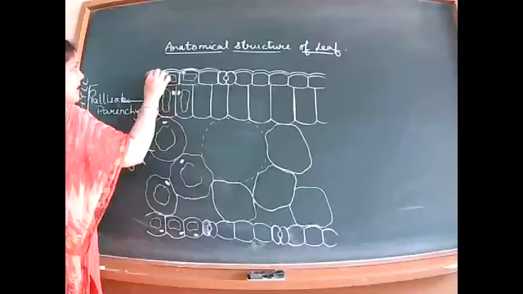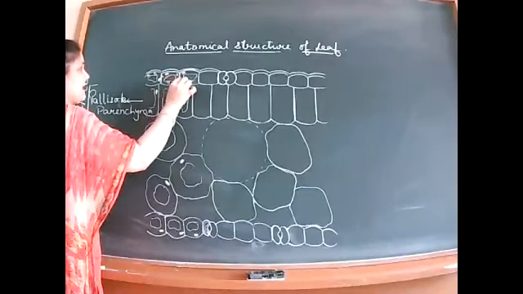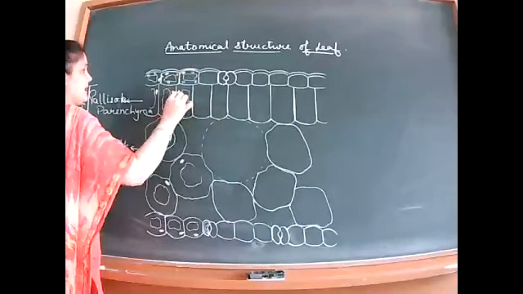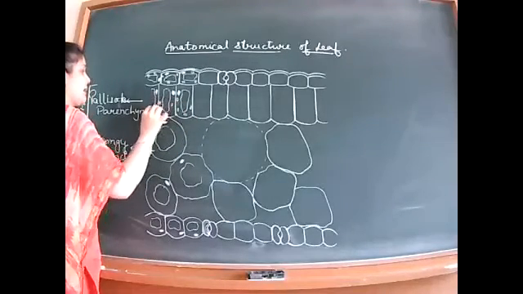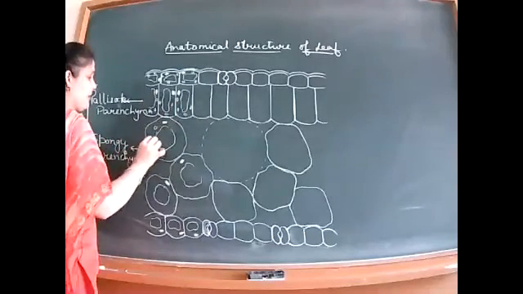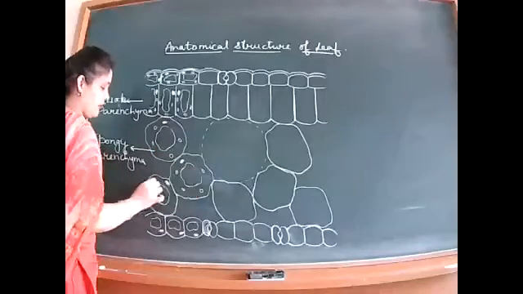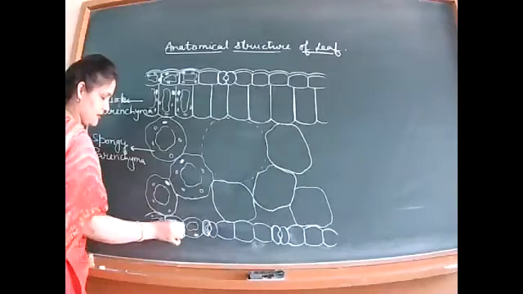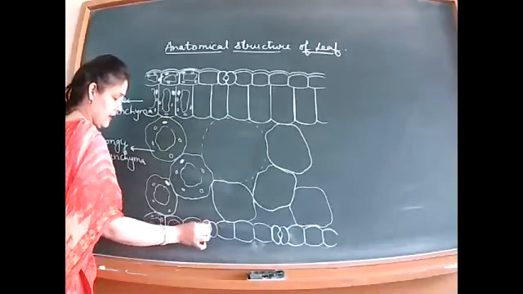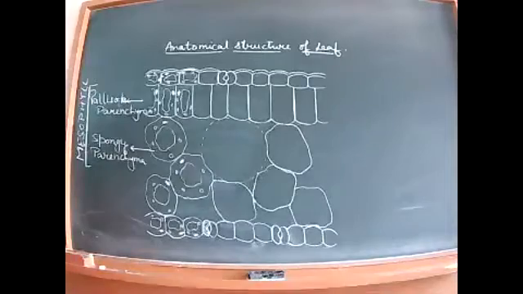And the rounded hollow structures, two or more in number, are chloroplasts. These hollow ring-like structures represent the chloroplast within the cell. You can make the chloroplast in each kind where you have made the vacuoles, even in the guard cells.